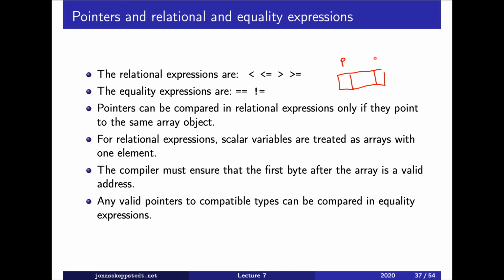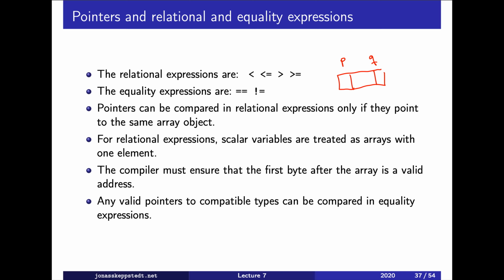We have P and we have Q, and we can compare which one is equal or less than or greater than the other, if they point to memory which was allocated in one piece, meaning the same array. That would also be valid for the same array within a block that was allocated from malloc.